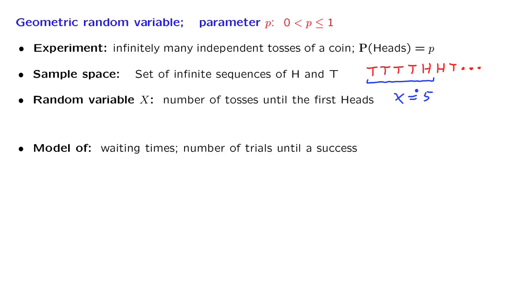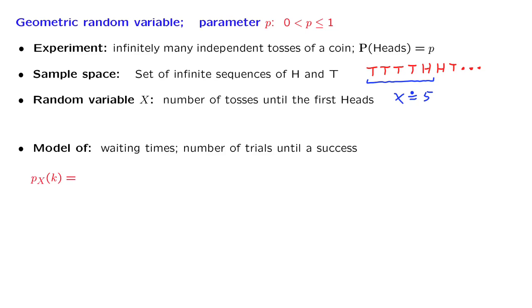Now, these trials could be experiments of some kind, could be processes of some kind, or they could be whether a customer shows up in a store in a particular second or not. So there are many diverse interpretations of the word trial and of the word success that would allow us to apply this particular model to a given situation.